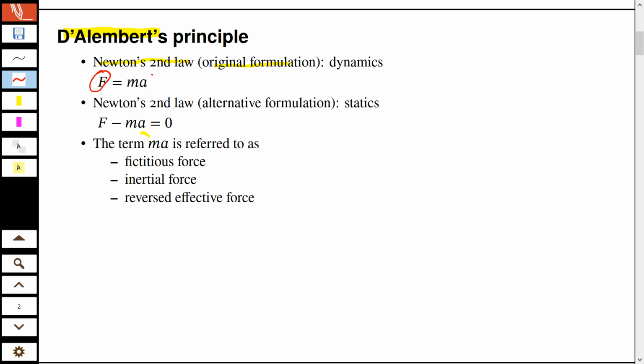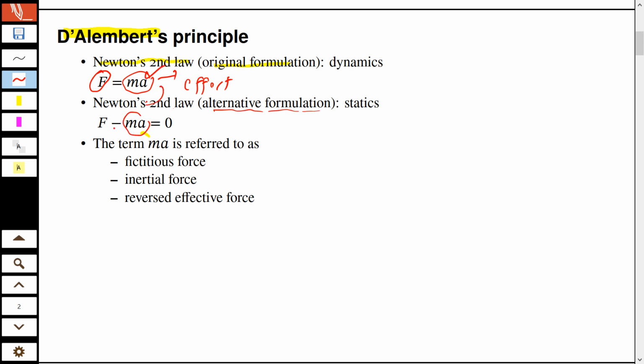This side, mass times acceleration, is the effect of that force. What D'Alembert did is that he believed that in some problems it helps to think of this also as a force.